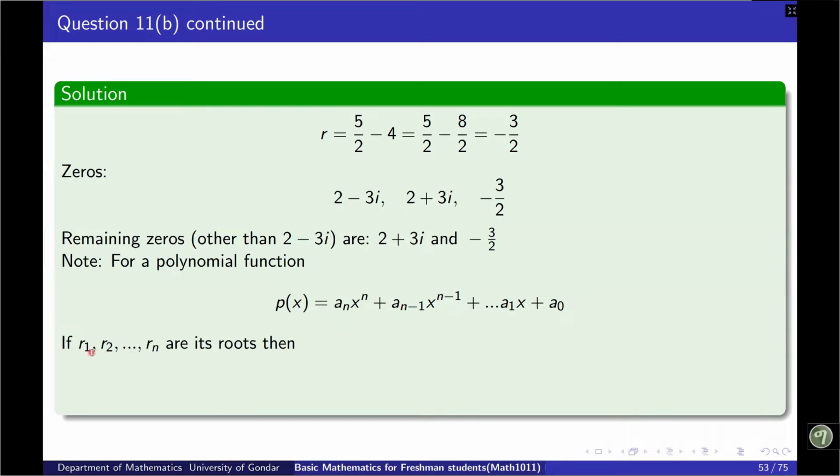Then if r1, r2 up to rn are its roots, the sum of the roots of this polynomial function could be the negative of, sorry, it is not n, rather it must be n minus 1, over n. Okay, this is the generalization.